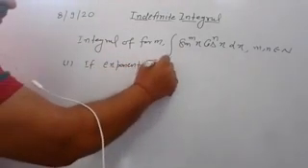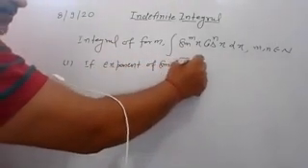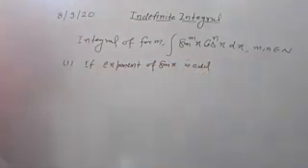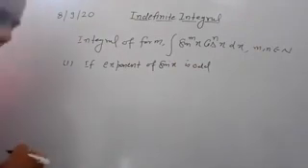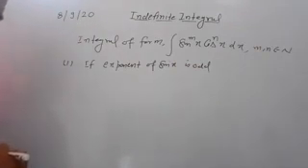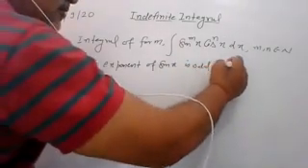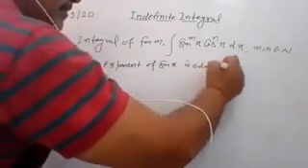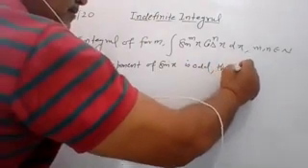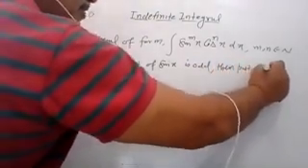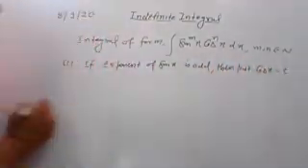If the exponent of sine x is odd, then you put cos x is equal to t. Then you put cos x is equal to t.